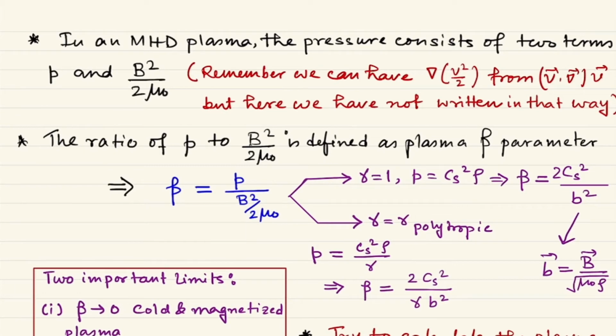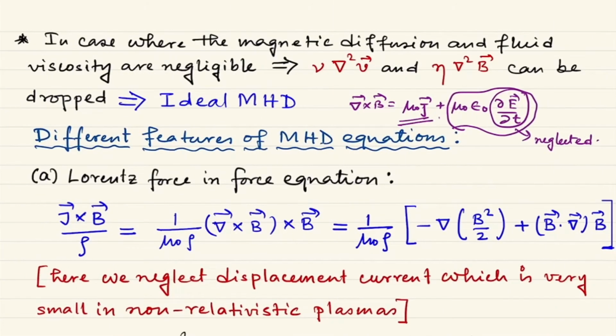Of course, one contribution can come if we write this advective term in terms of gradient v square by 2 and v cross omega, which we did in the case where we were studying the effect of rotation. Here we will not write that, because we know the meaning of v dot nabla v, and we have reduced this term because in the equation we did not have any other terms like this.